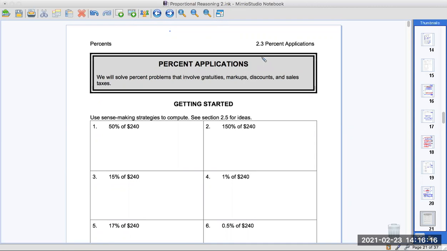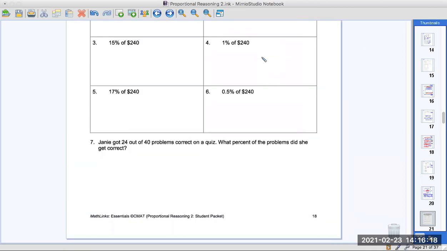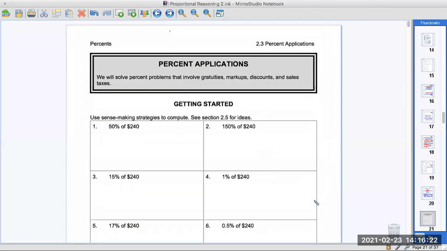Proportions, lesson 3. And so we're on page 18. So start there. You will need a calculator, so find one now. And the first page is homework.